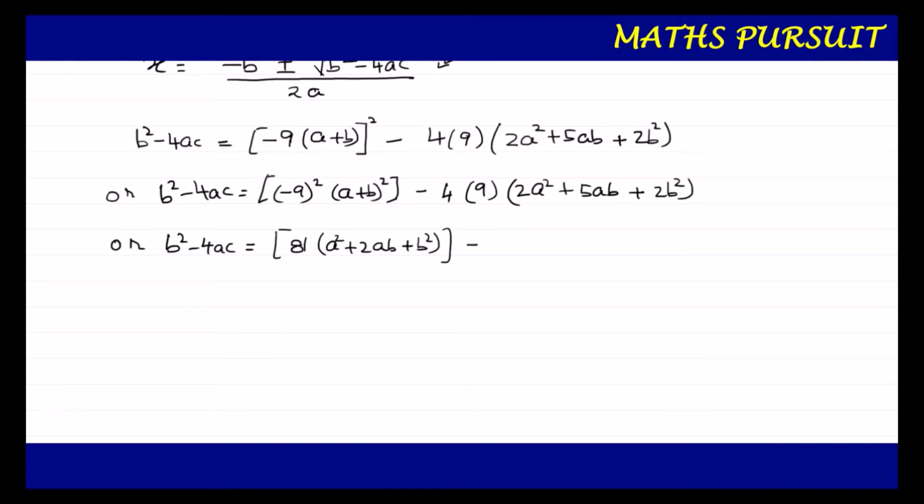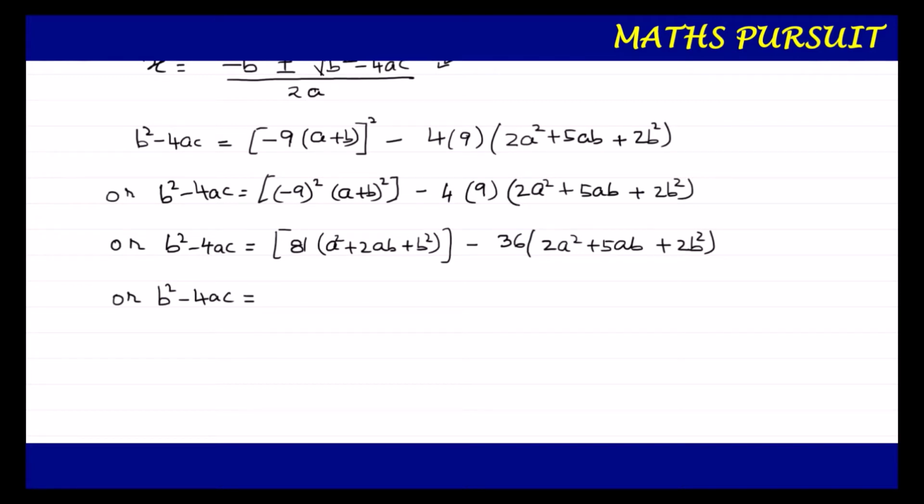Minus, 9 fours are 36, so I can write 36 into (2a^2 plus 5ab plus 2b^2). Guys, I'm doing it step by step so that each and every one can understand easily what I'm doing, without jumping any step.